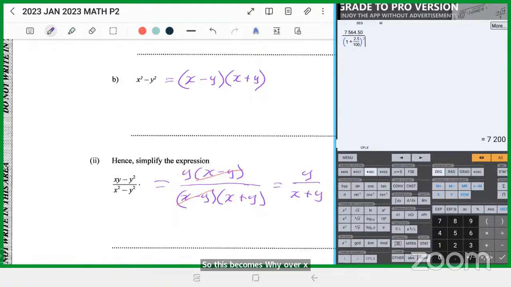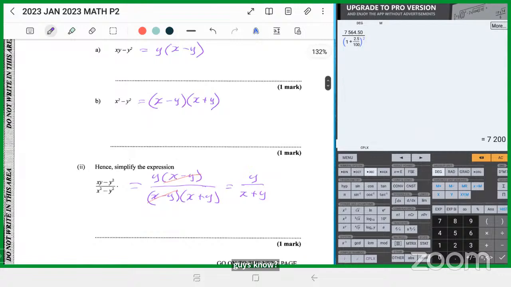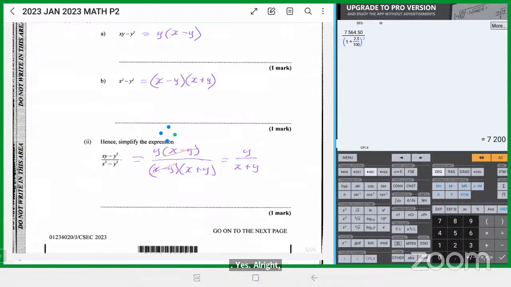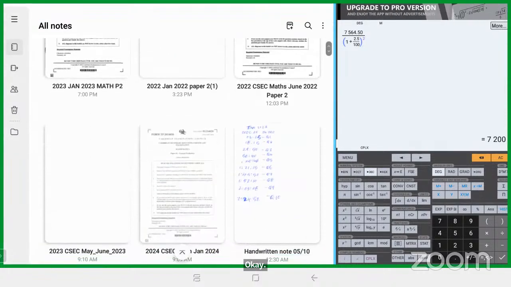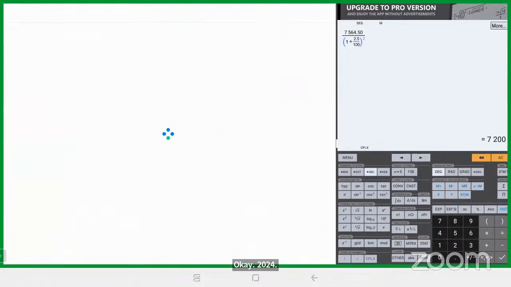All right, where are you guys now? 2024. So we're done with this paper. All right, 2024. 2022. Somebody call 2024 first.